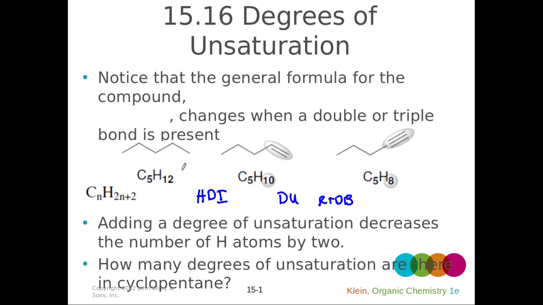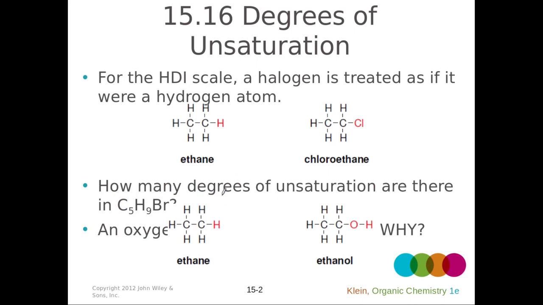So to have 2 pi bonds, we have to be missing 4 hydrogens, and that's the case here. Relative to the fully saturated pentane, we're missing 4 hydrogens. So instead of 12, we have 8. So our degrees of unsaturation is 2. So for every 2 hydrogens we're missing, we have 1 degree of unsaturation.